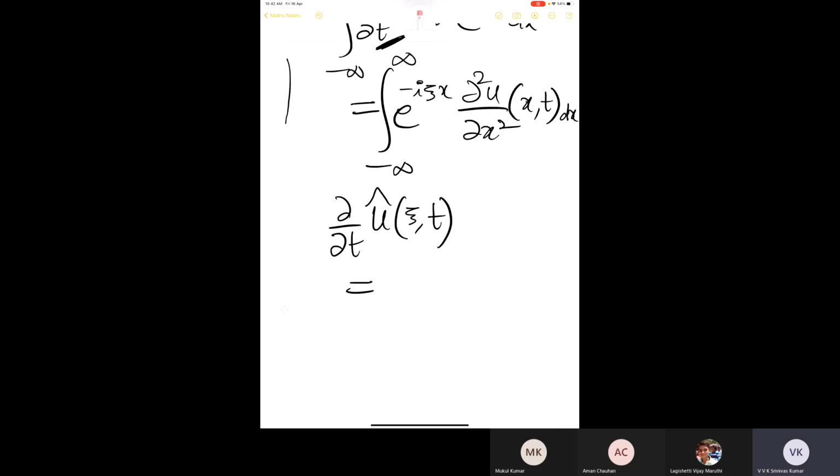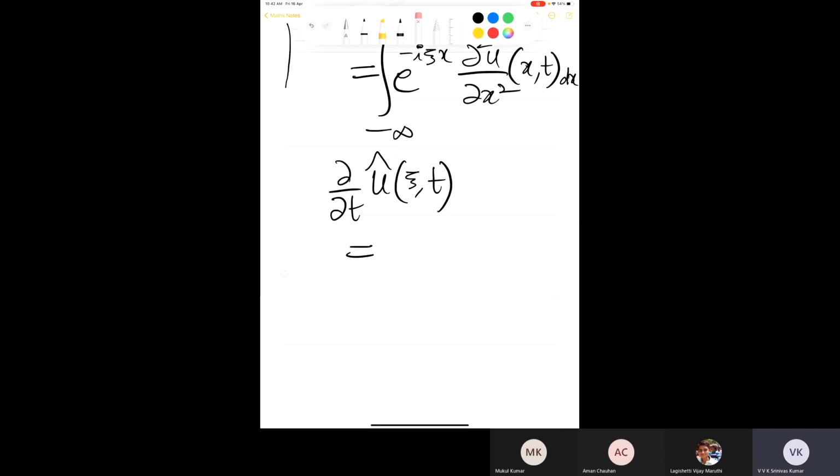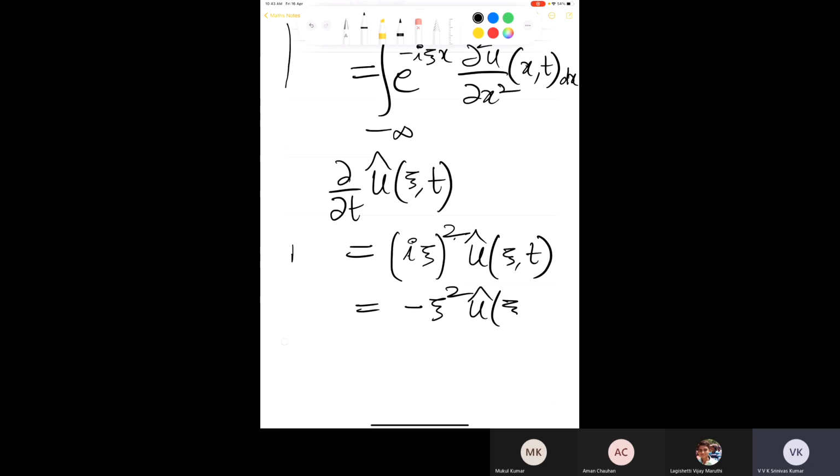What is that? We get a factor i xi squared, for the double derivative, times the Fourier transform at xi. Since i squared is minus 1, this is equal to minus xi squared u cap at xi. So now this is for fixed t.